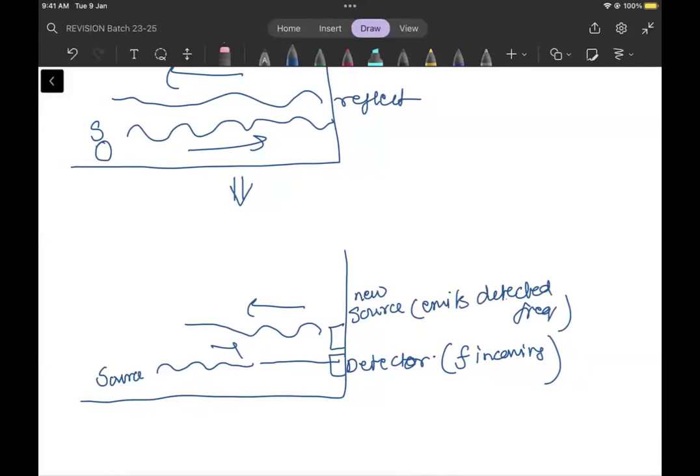So you can actually apply Doppler effect in stages.